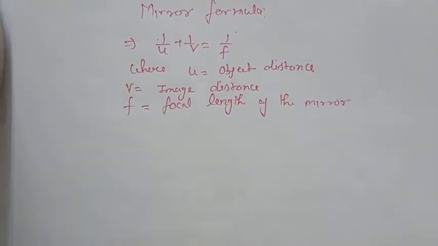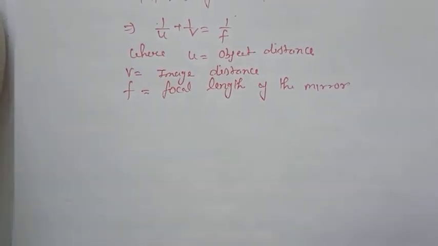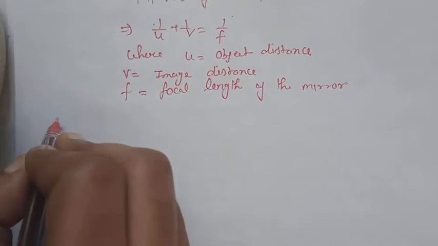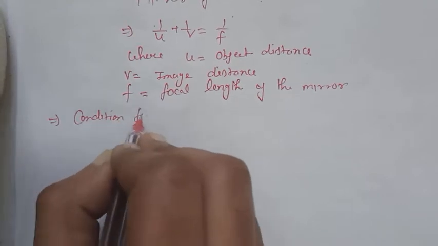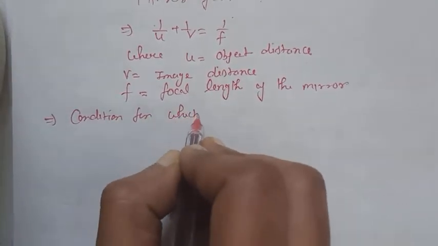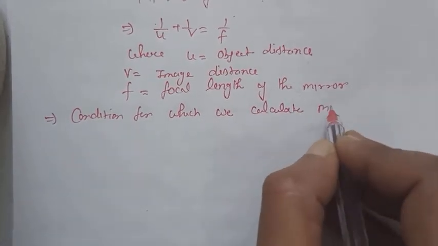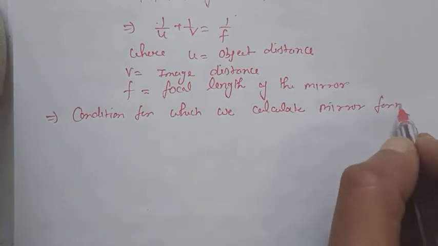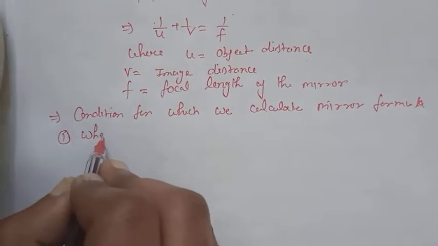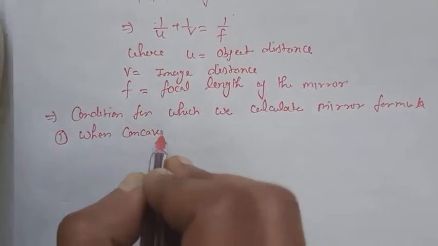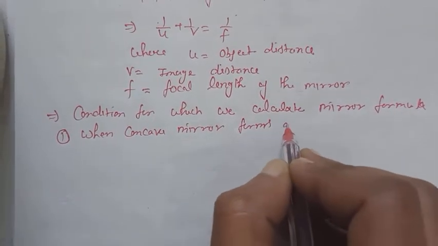Now, for the mirror formula, we write down the conditions under which we calculate the mirror formula. First one, when a concave mirror forms a real image.